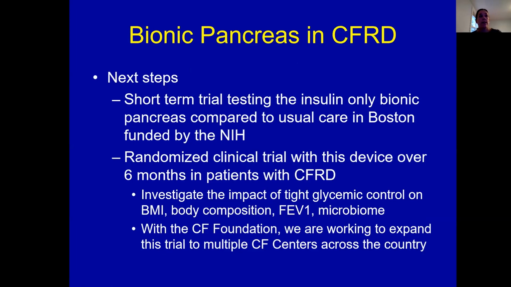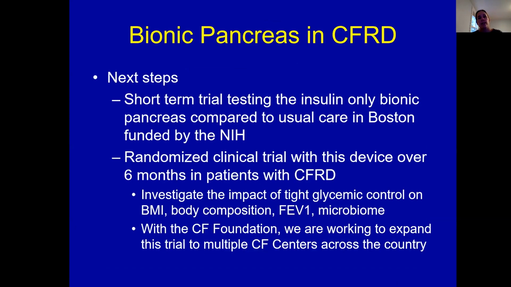So our next steps: we are currently enrolling for a short-term trial testing the insulin-only bionic pancreas compared to usual care in Boston, funded by the NIH. And then when this study is done, we will be doing a larger, longer randomized clinical trial with this device over a 6-month period in patients with CFRD.